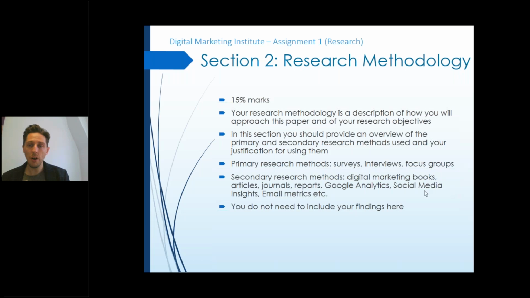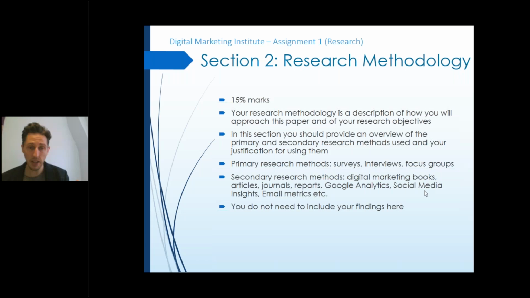Secondary research can be anything from textbooks to online academic journals, industry trend reports, Google Analytics of your website, or social media insights, which are categorized as secondary research for the purposes of this assignment. And again, we could even look at email metrics.